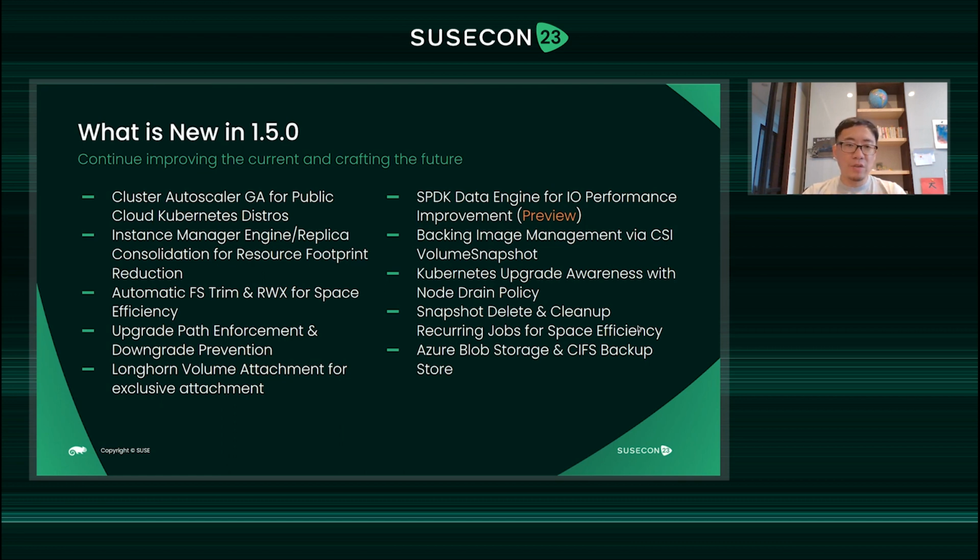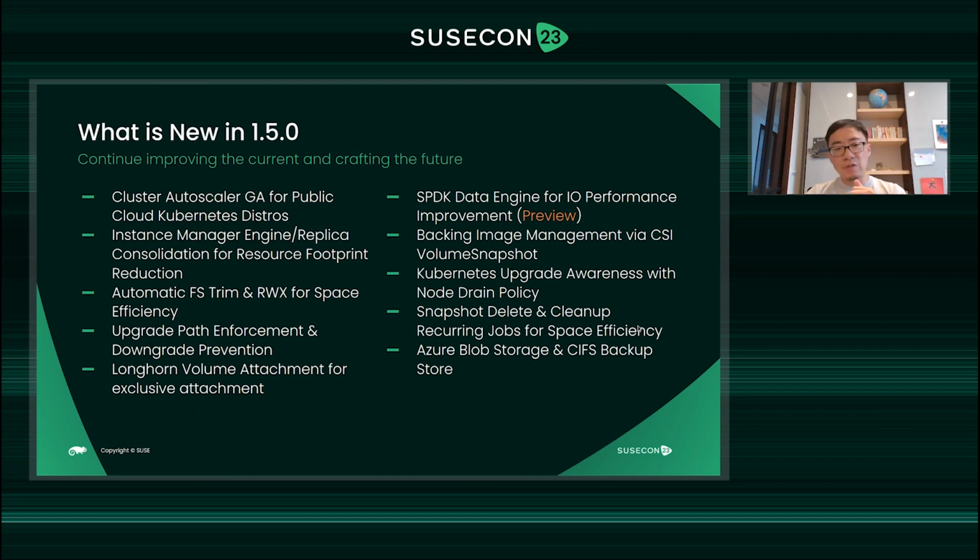Cluster Autoscaler becomes GA. We introduced Cluster Autoscaler in 1.4 as an experimental feature, especially for public cloud distros. We heard more feedback and made sure we have a dedicated testing pipeline for it, so we can make it GA in this version. So right now I'm happy to say it's GA, and want to hear more feedback later.